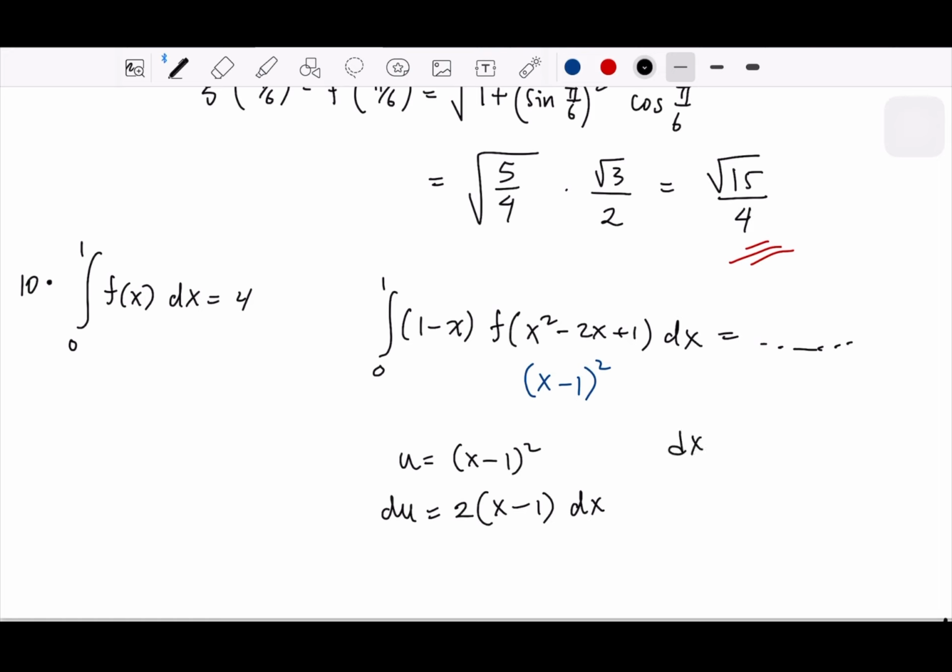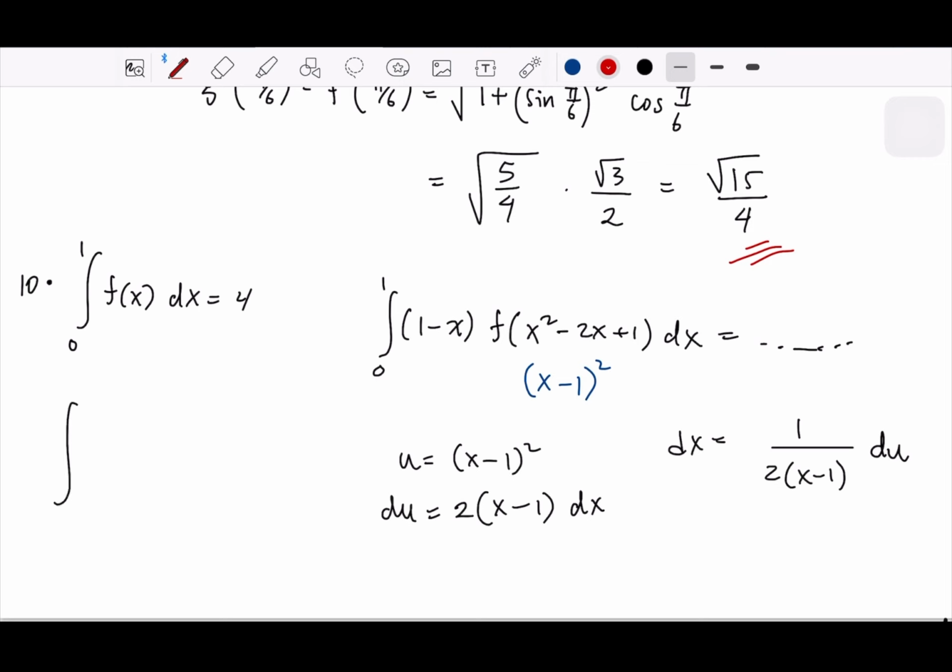So dx is 1 over 2(x minus 1) du. And then don't forget that we have 0, 1 as the endpoints. That is still in x. So probably we need to take that and change the endpoints.